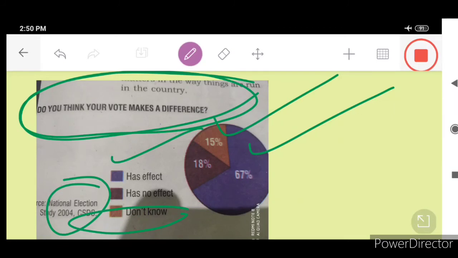They are not of any opinion. 18% of people say that the vote cast by the people has no impact. That's only 18%. But the maximum, 67% of people, believe that it has an effect, that the vote cast by the people, the mass participation shown by the people in the elections, definitely has an impact on the existing nature of the democratic politics of the country.